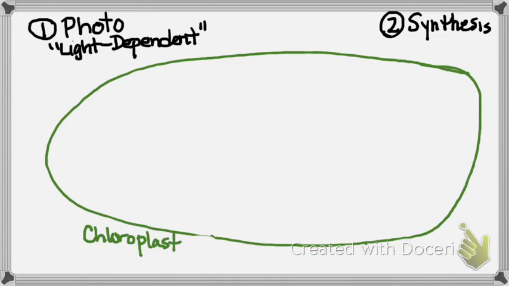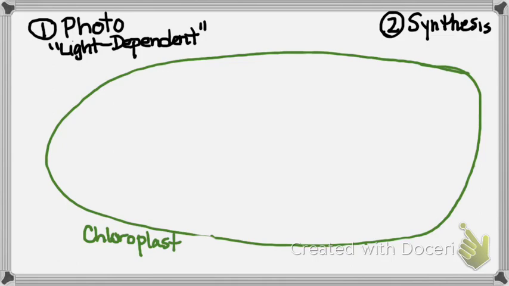You're going to use the right half for the synthesis part. You're going to use the left half for the light dependent or the photo part, the first step. So I'm going to clear this out and come back and draw the second step later. But I may need to use all of this space in order to draw the first part, okay?